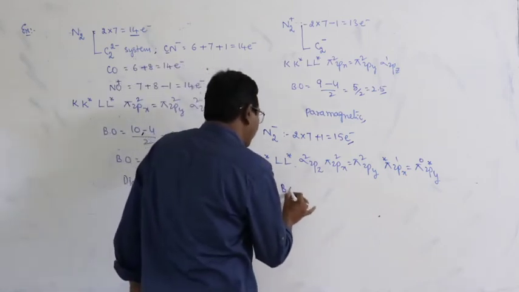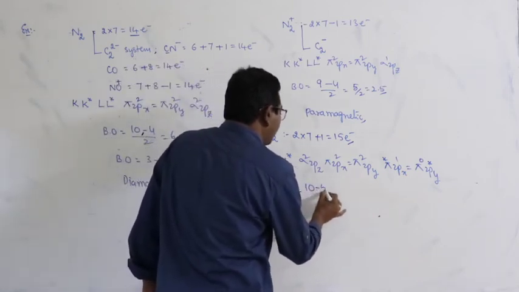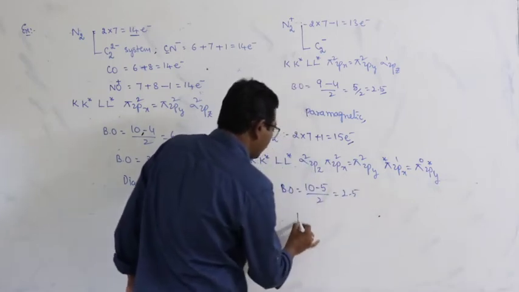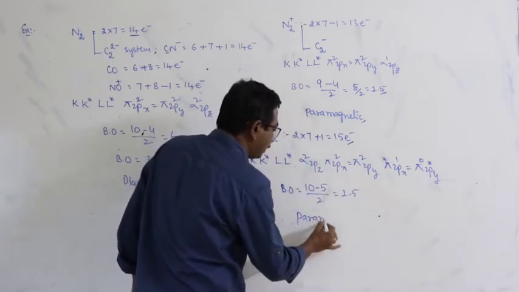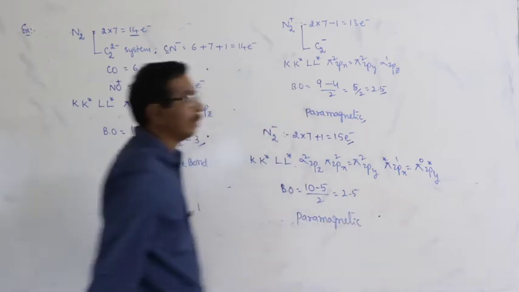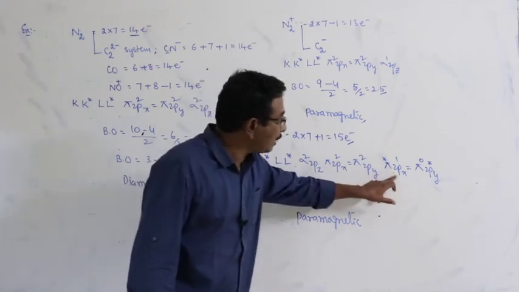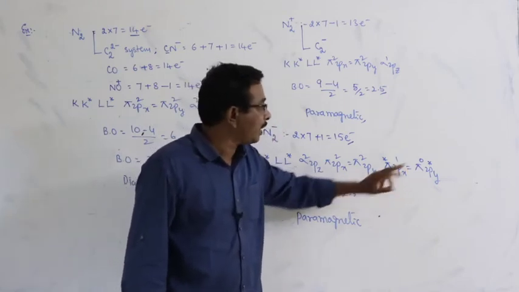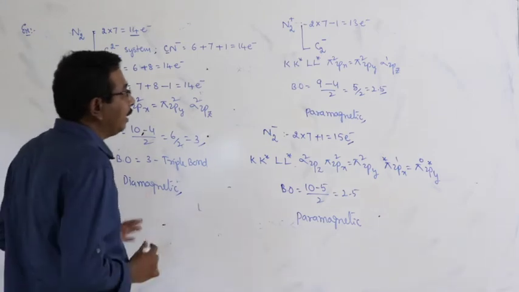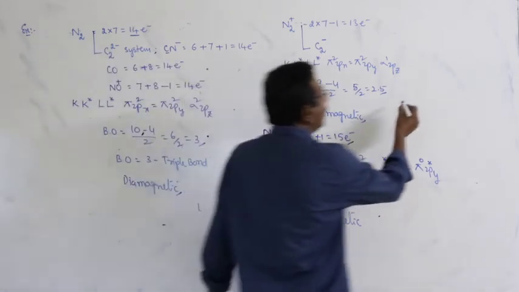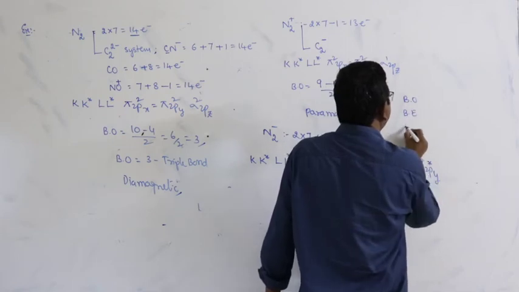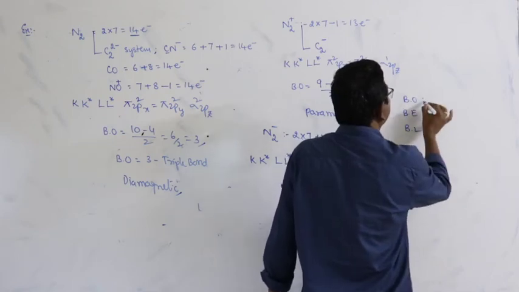Now the bond order, 10 minus 5 by 2, that is equal to 2.5. Here the species is paramagnetic, because there is an unpaired electron present in the pi star antibonding molecular orbital, N2 minus. Okay. What about the order of bond order, bond energy and bond length?